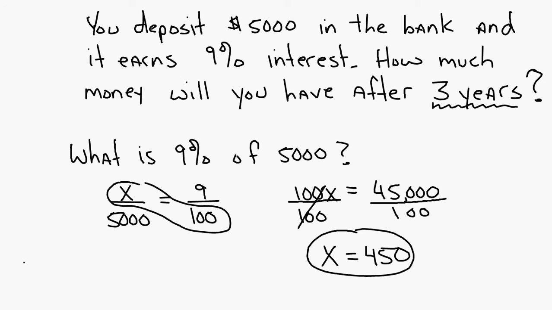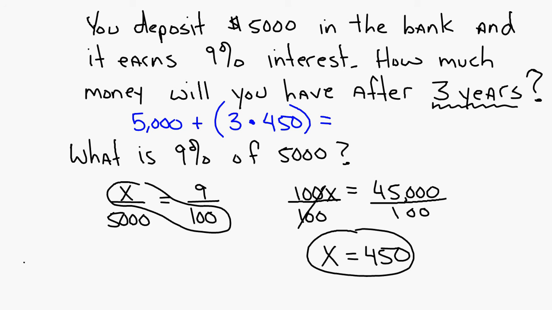The question is, how much money will you have after 3 years? Well, what you'll have after 3 years is your $5,000 plus 3 years of interest. So it'll be 5,000 plus 3 times your 450. So now look, this 450 is still sitting in your calculator. So push times 3, and that will multiply it times 3.